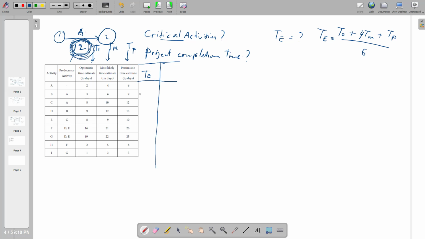Apologize for the ugly drawing here. Sir, it seems the same as the assignment you gave us. Say it again. It seems the same assignment you gave us. Are you sure? Yes.